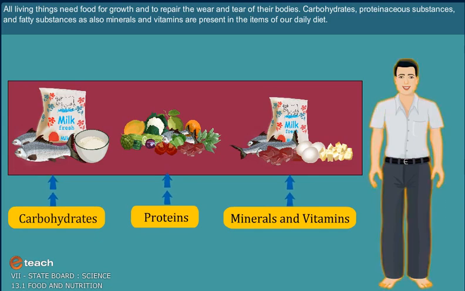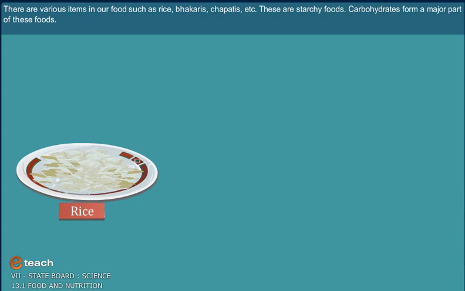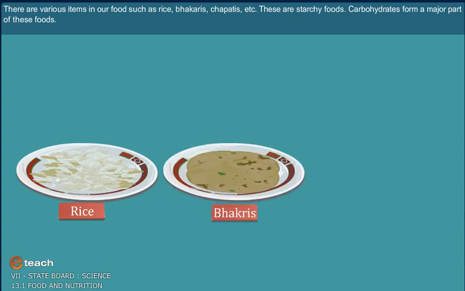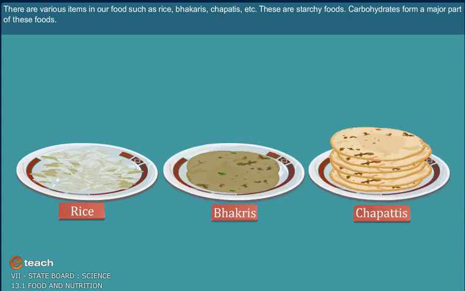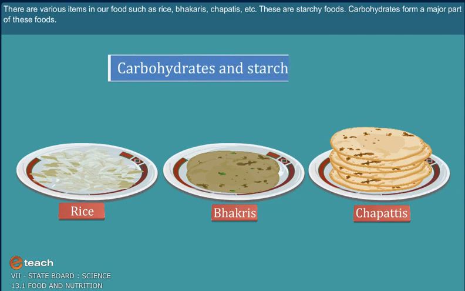Carbohydrates, proteinous substances, and fatty substances, as also minerals and vitamins, are present in the items of our daily diet. There are various items in our food, such as rice, bhakris, chapatis, etc. These are starchy foods.